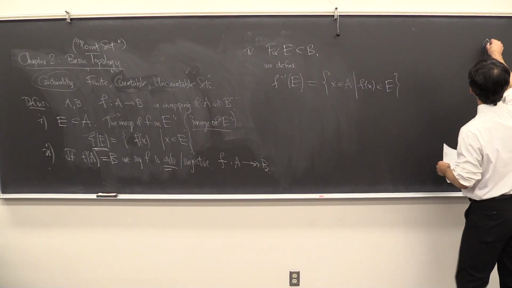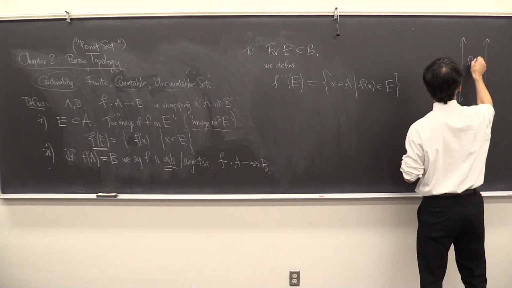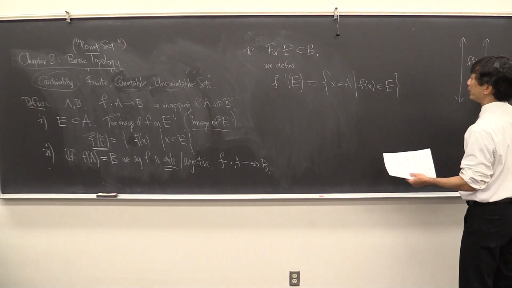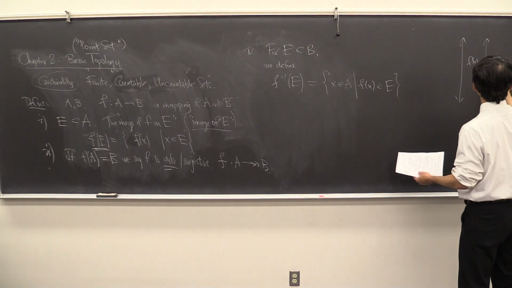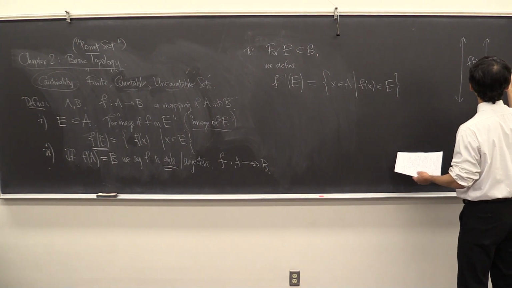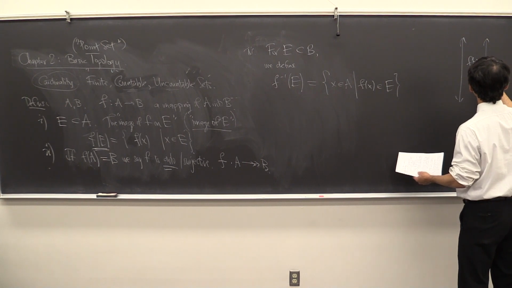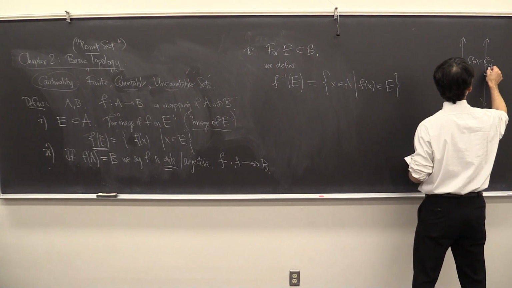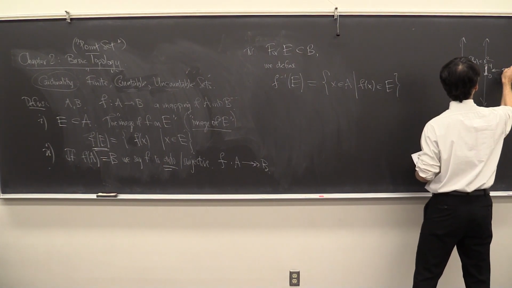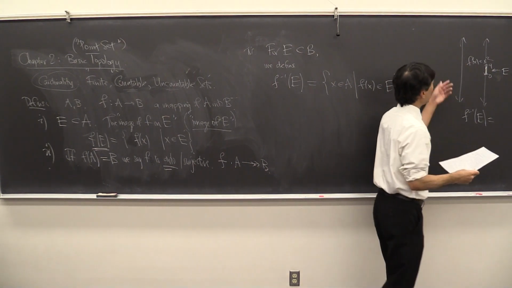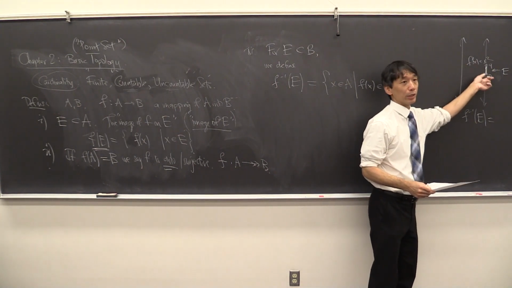So again, if we were looking at the squaring function, and I said, what's the inverse? I have a subset over here, let's say from 0 to 4, and we call that E. F inverse E would be everything whose square is between 0 and 4.